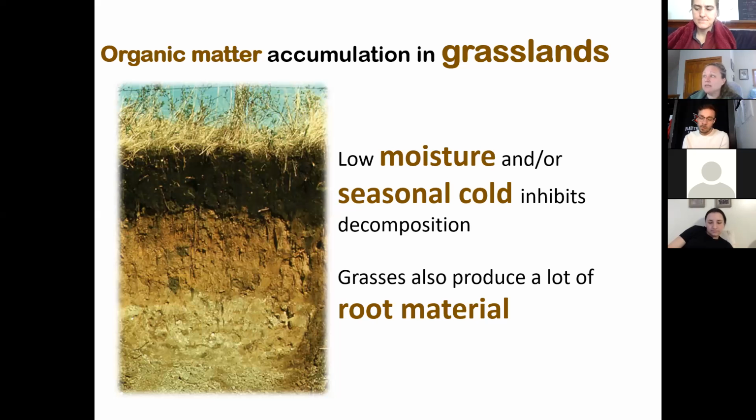But in the grasslands, there tends to be pretty low moisture. Seasonally, it can be a little cold, which inhibits the fungus and the bacteria from breaking stuff down. So what we find is that if you were to dig a pit in a grassland prairie, you will find a lot of soil organic matter and piles of roots, year after year, just slow to decompose.